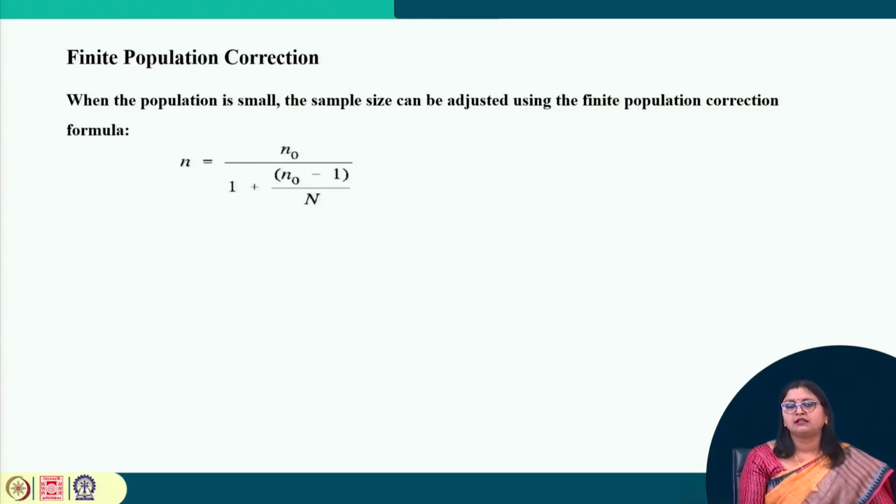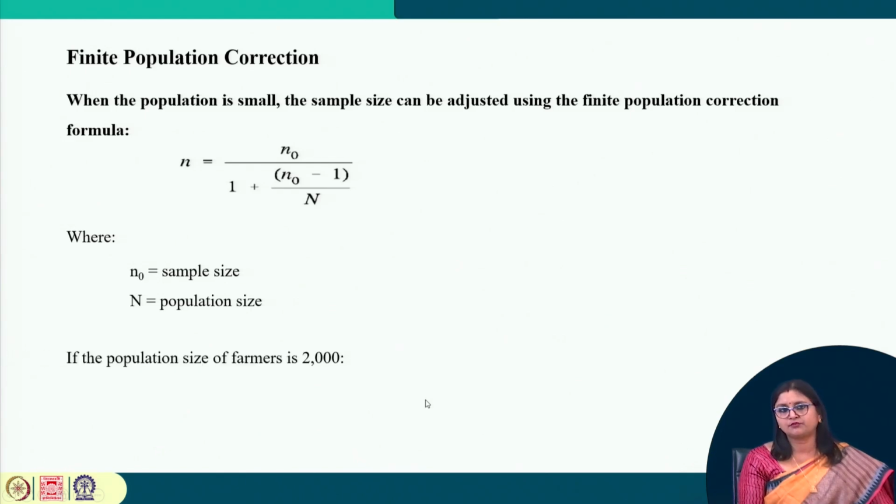And what is that? That is n is equal to n 0 upon 1 plus n 0 minus 1 divided by capital N, where n 0 is the sample size and capital N is the population size.